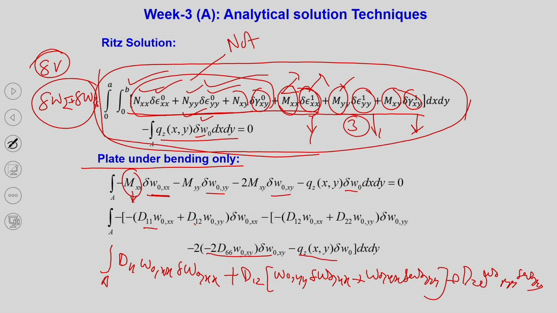So this is the form which we require when we are interested in applying the Ritz solution.